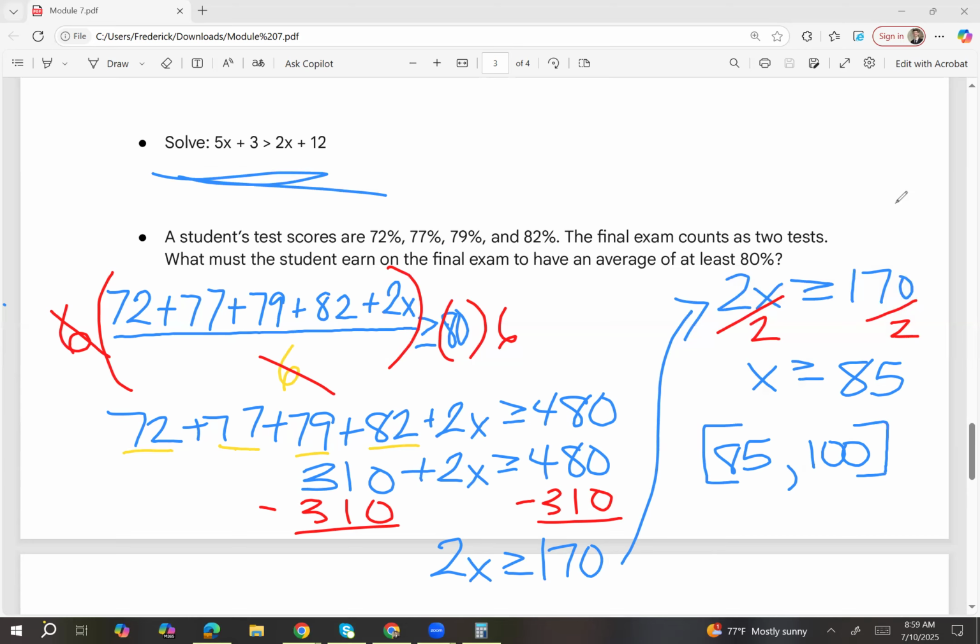I'm most interested that you're comfortable solving the inequality and converting from what you get to the interval notation. So not so much the setup from a word problem do I want you to worry about. It's more the process of solving the inequality and then that final conversion from what you get to the interval notation.